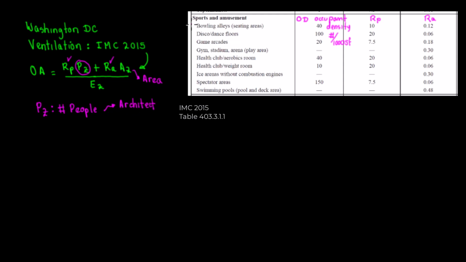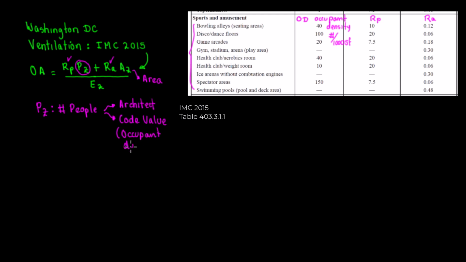For example, in here you have different classifications: bowling alleys, disco dance floors, gyms, stadiums, health clubs, different items. So the architect will provide you the number of people, or you can always use the code value. By code value, I mean using the occupant density.